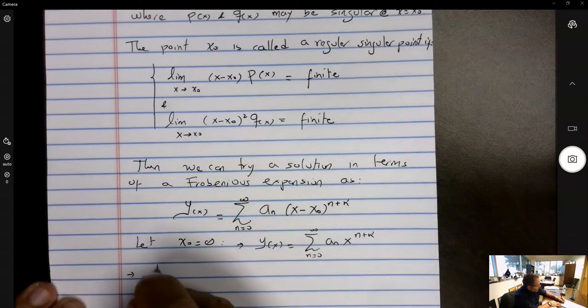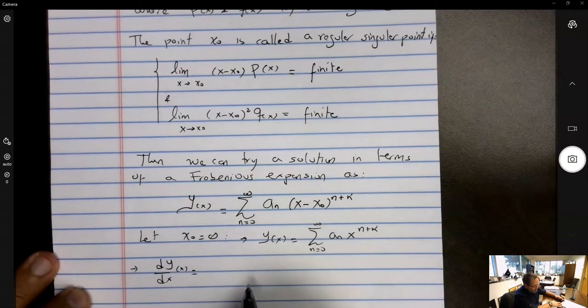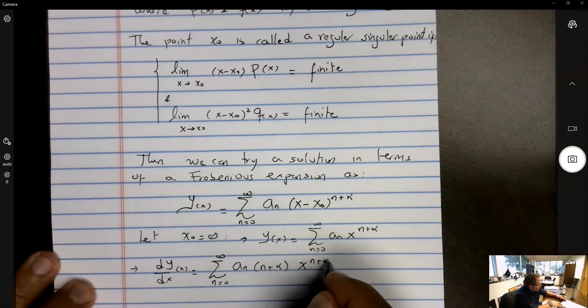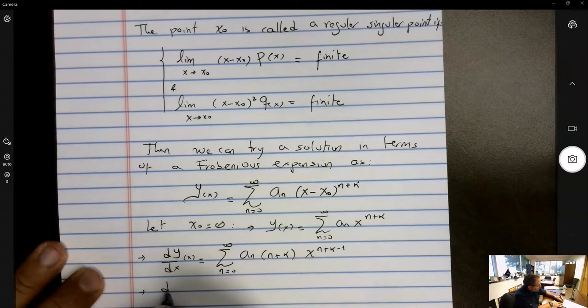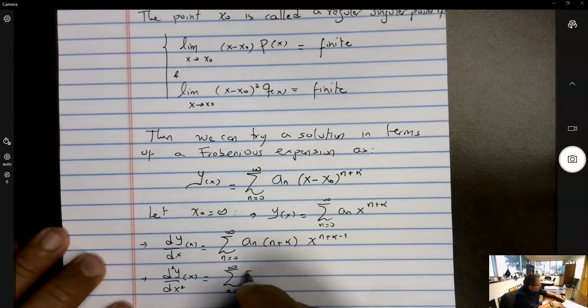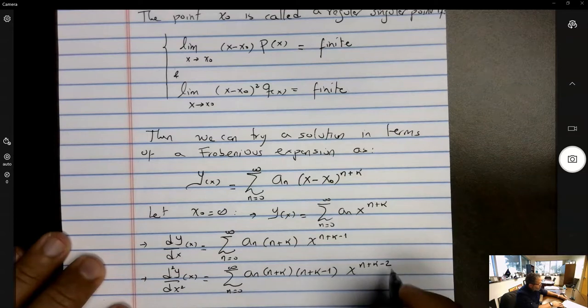And therefore dy/dx, the derivative of these with respect to x, is the summation from n equals 0 to infinity of a_n (n plus k) x to the n plus k minus 1, and the second derivative of these power series is the summation from n equals 0 to infinity of a_n (n plus k)(n plus k minus 1) x to the n plus k minus 2.